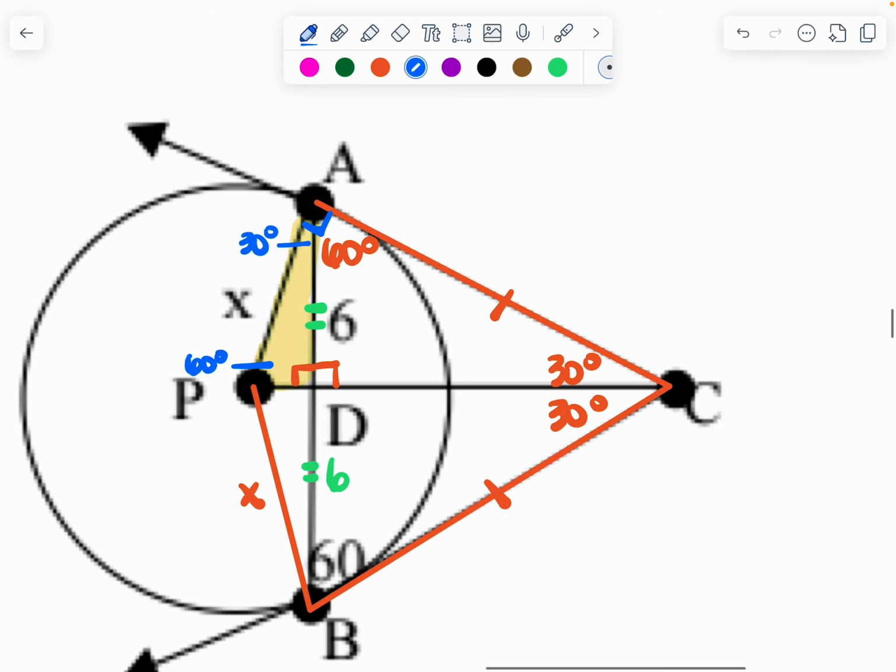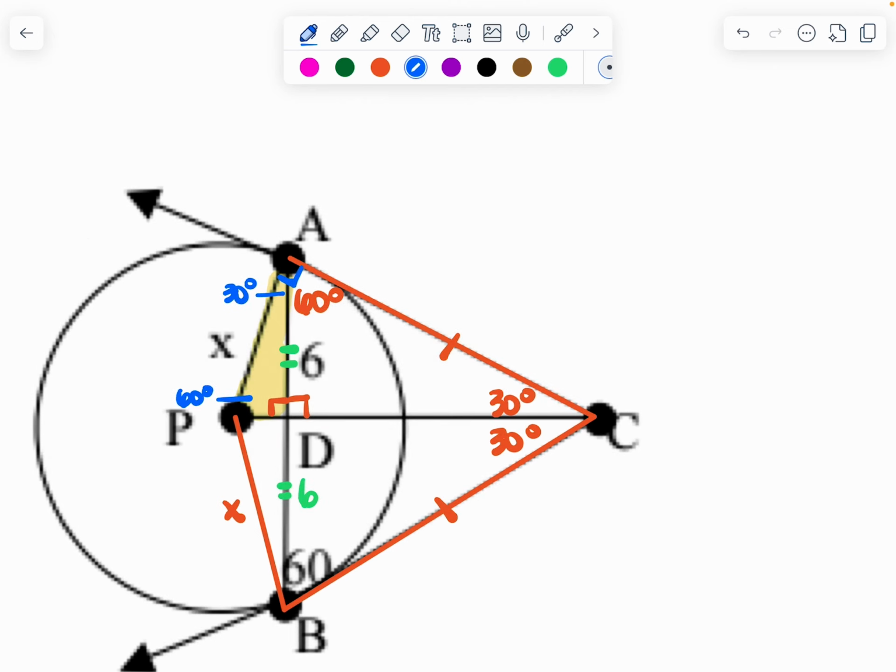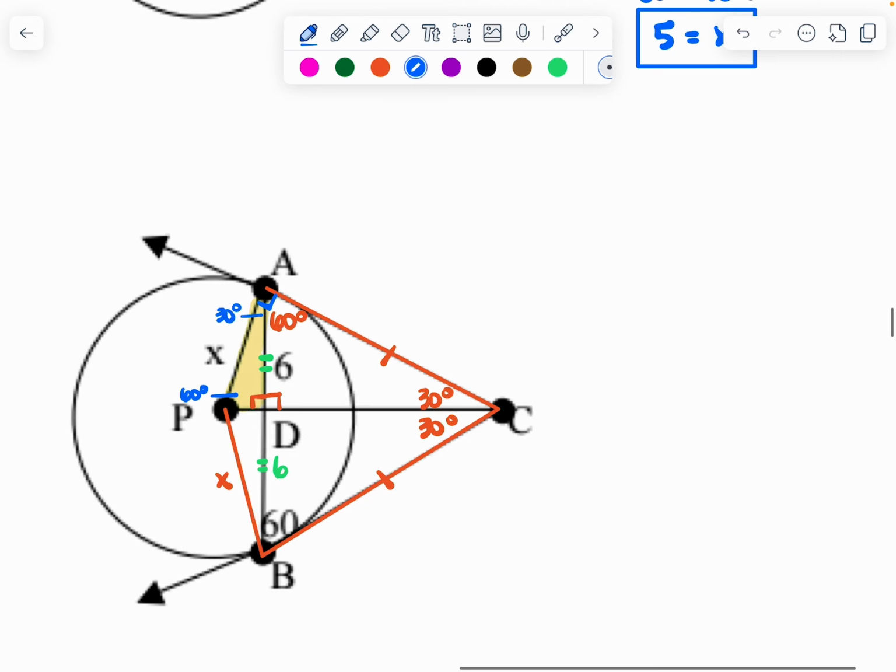So this little orange triangle that I've highlighted is a 30, 60, 90. Okay, hopefully that is making total sense.